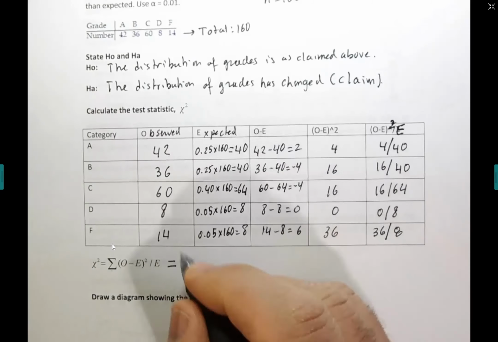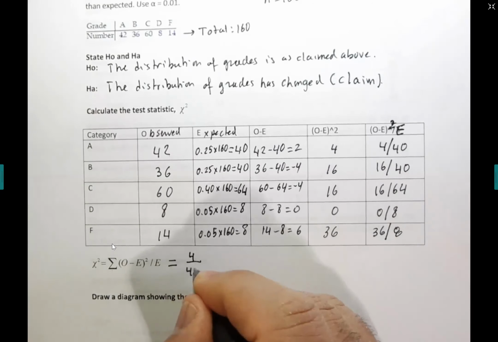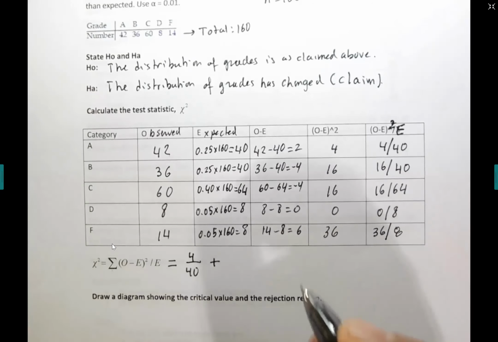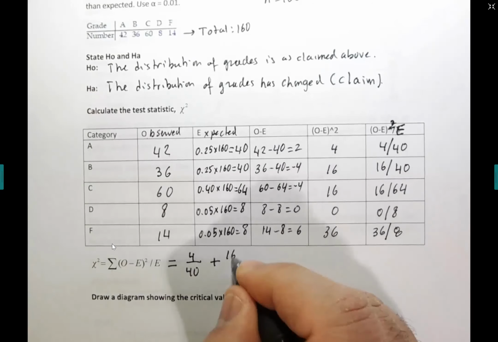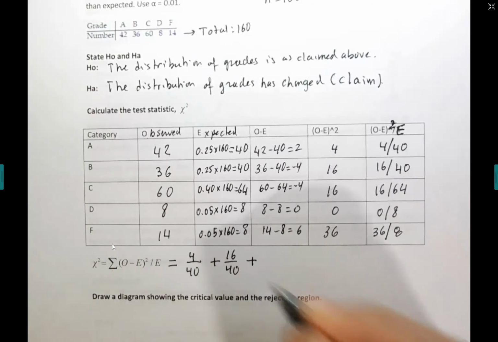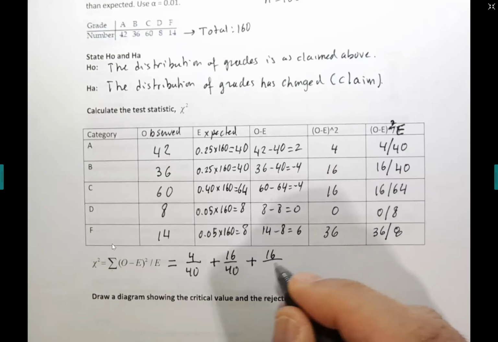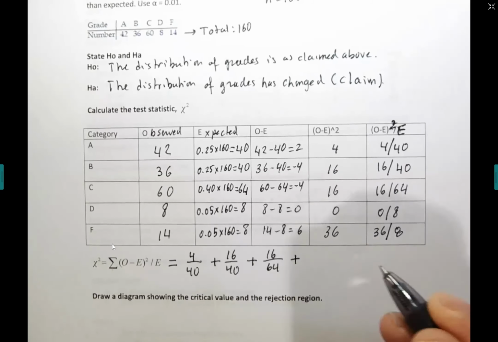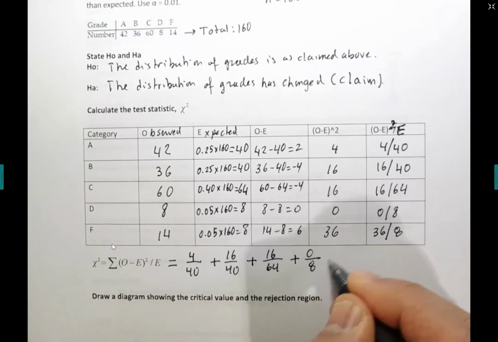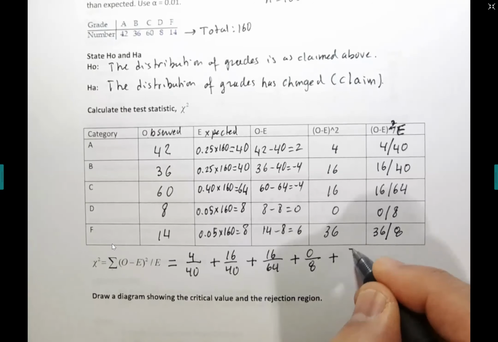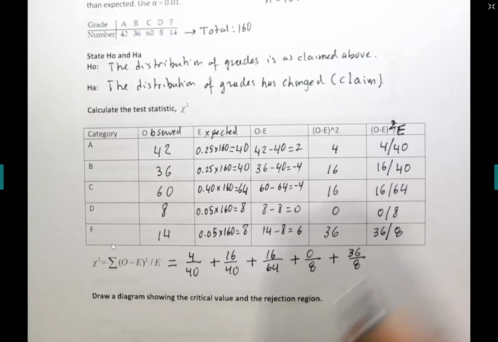So it's 4 over 40 plus 16 over 40 plus 16 over 64 plus 0 over 8 plus 36 over 8. What I'd like you guys to do is plug them into the calculator, add them up, and give me the answer.